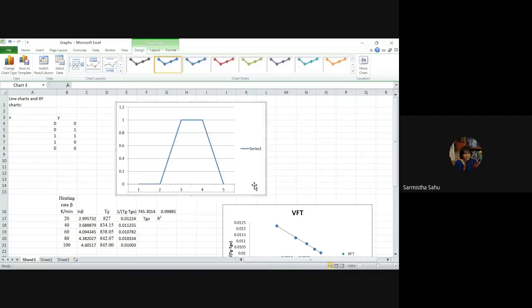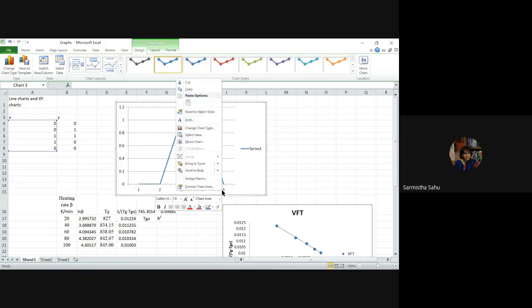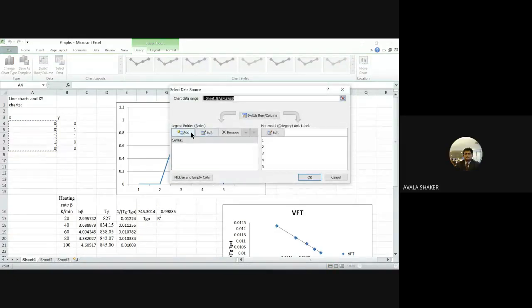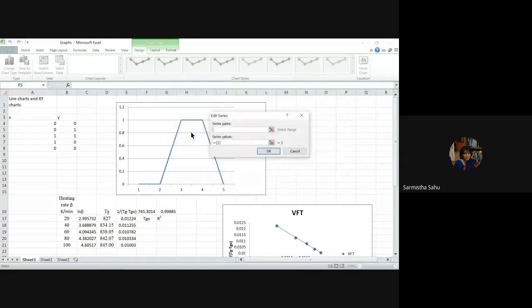Now kindly delete the X values from the table. Yes. Now, X values are not 0, 0, 1, 1, 0.